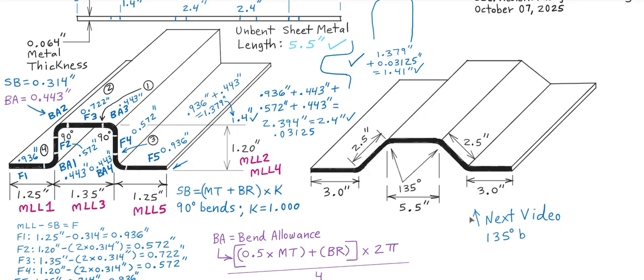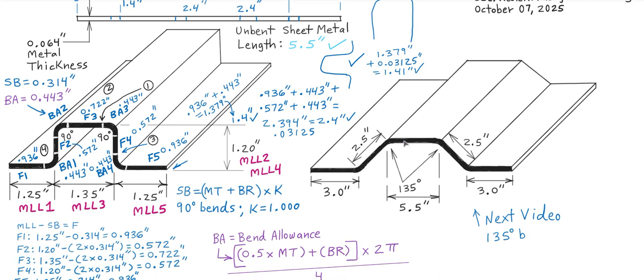But remember that these are not 90 degree bends. These are 135 degree bends, and this obeys the fundamentals of geometry. So we have a 135 degree bend, two of them.